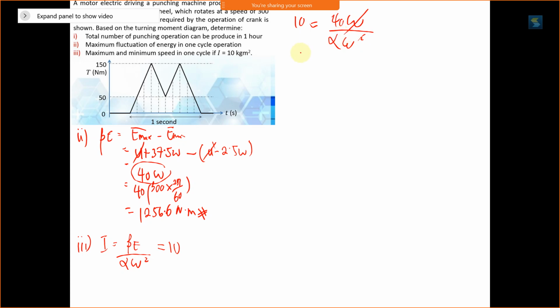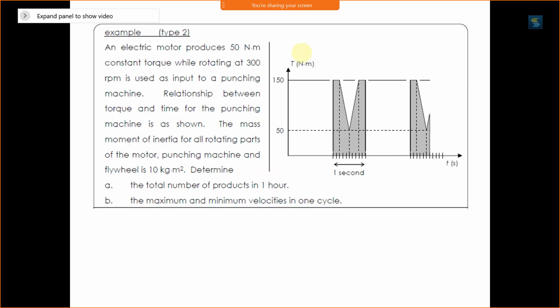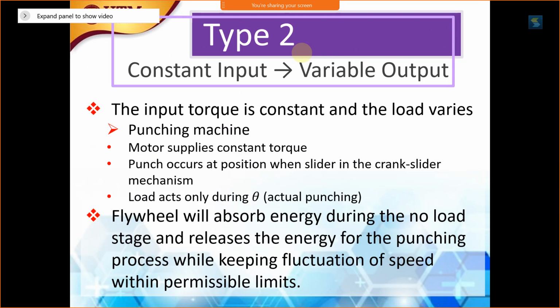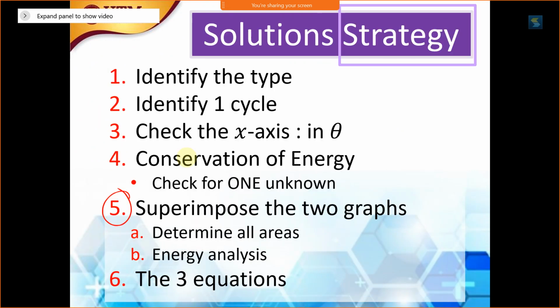So we will have the maximum speed to alpha. Alpha is our coefficient of fluctuation of speed. Usually the coefficient is given as a percentage. But it's okay.